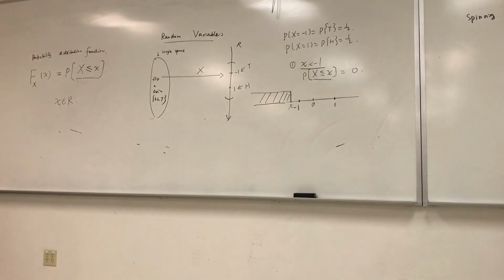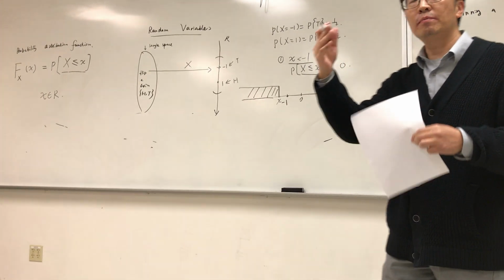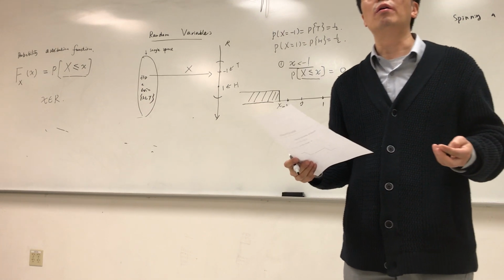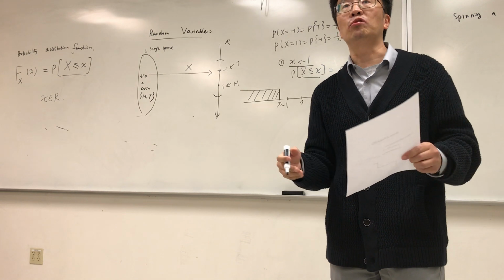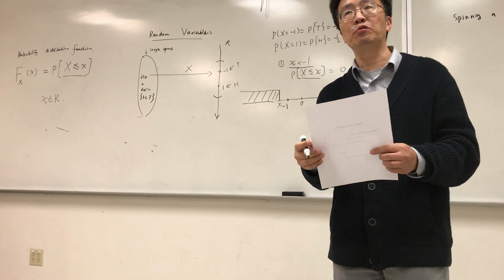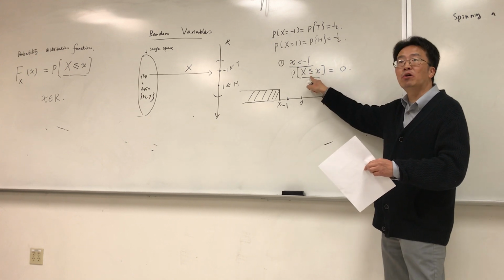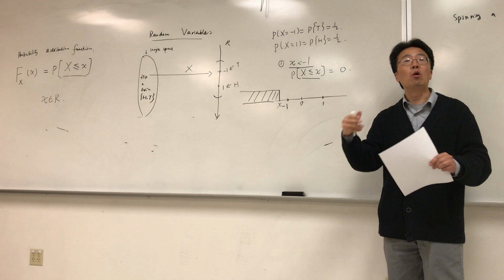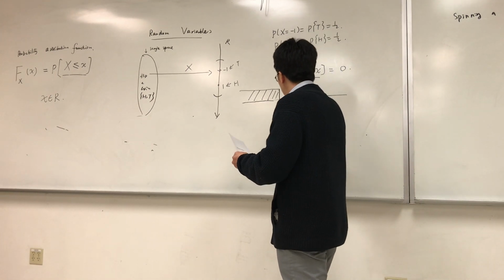So we still need to go back to the basic event concept we learned before. Gradually we are going to focus just on numbers, but at this early stage we still have to interpret this inequality in terms of basic events. So this is the first case.